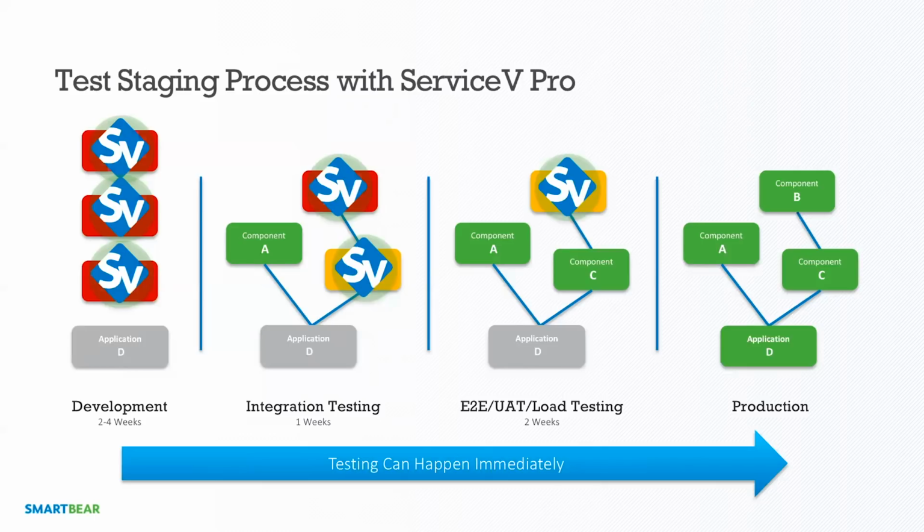Maybe it does take 2 to 4 weeks to get some of the services built out that the dev team needs to work on. Even then, we have the ability to virtualize that third-party component, or the component that's still not ready, and we get a really full application that we can do end-to-end tests against. We can do load testing. And again, this is happening 2, 3, 4 weeks before it traditionally would.